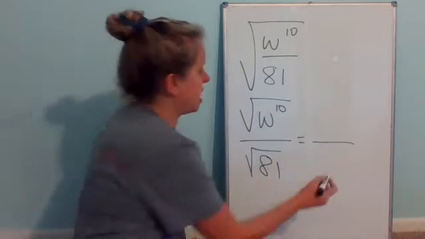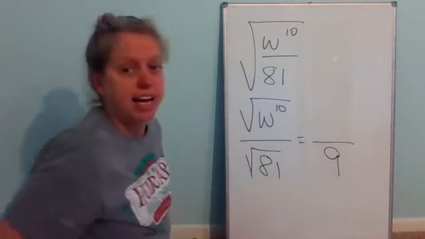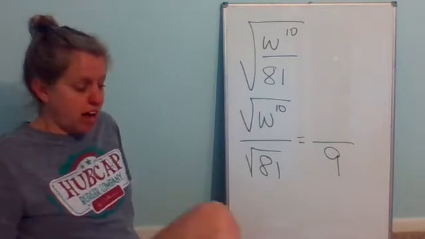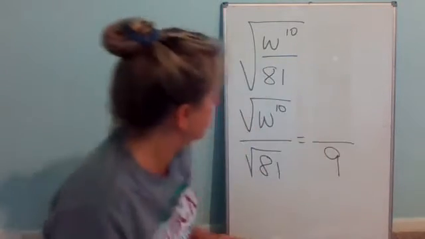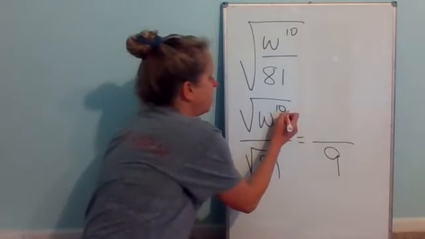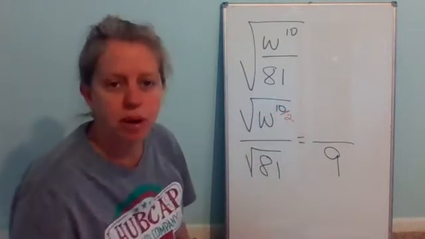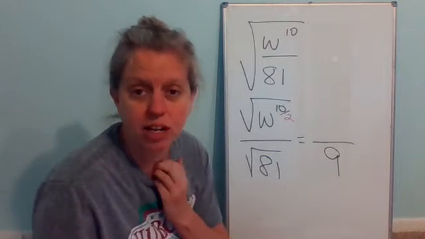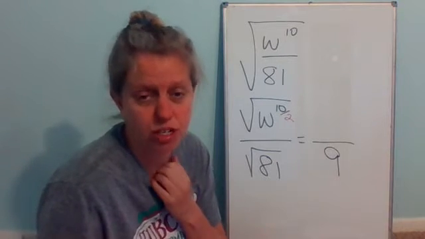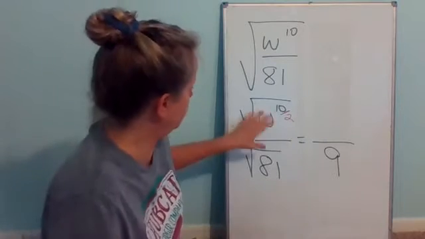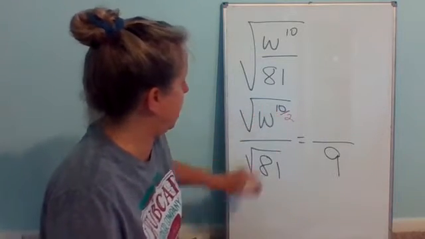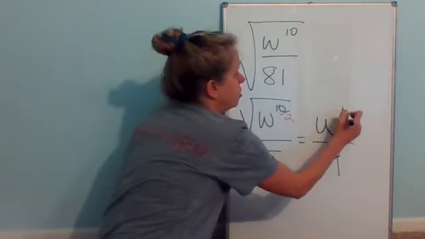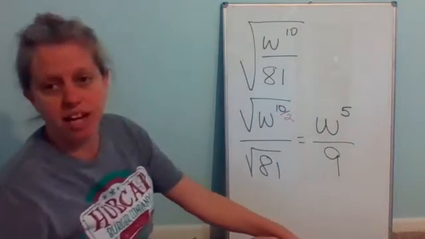What times itself is 81? 9. Now, this top is different than the last one. It's not just the square root of x. It's the square root of w to the 10th. So let's see. Can I divide that exponent by 2 evenly? I can. Which is exactly what the shortcut says to do when you're taking the square root, is you want to divide your exponent by 2. So the square root of w to the 10th is w to the 5th.